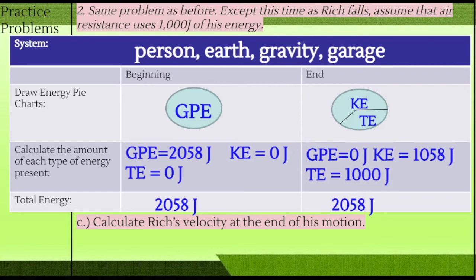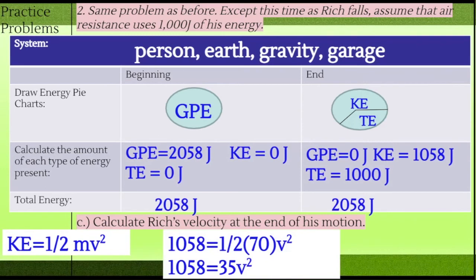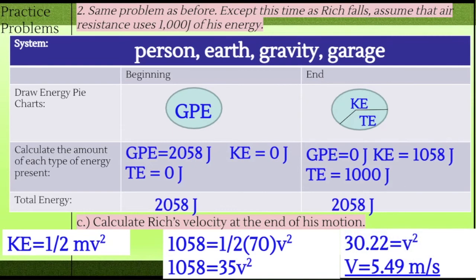If we want to figure out the velocity at the end, we're just going to do exactly what we did before, where we take our kinetic energy equation and then plug in our values from before. So 1058 is our kinetic energy, 70 is our mass, and then we're going to solve for V just like we did before. Go ahead and simplify, and we find out that V is equal to 5.49 meters per second.